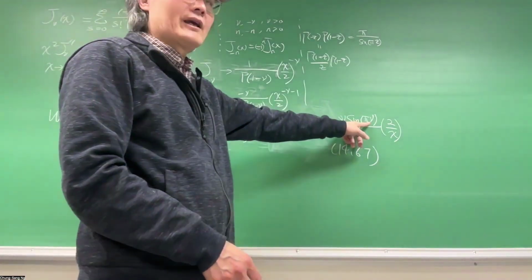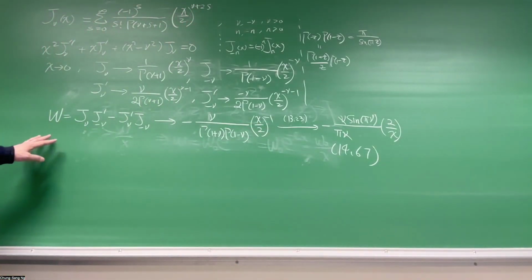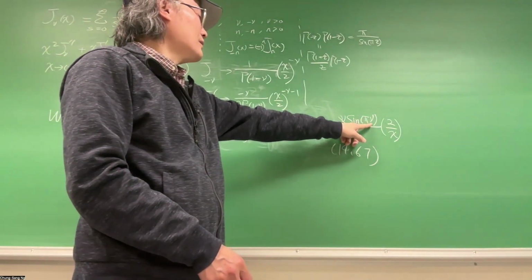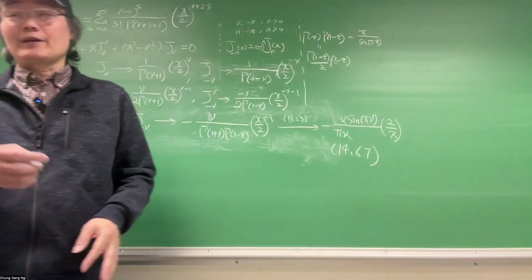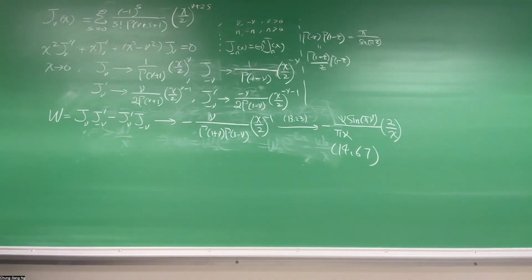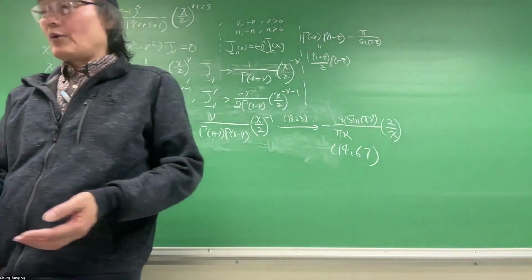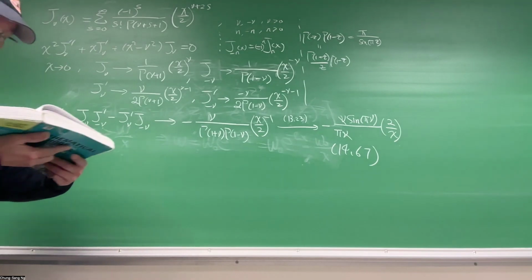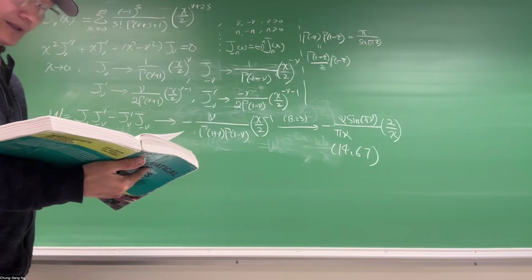But for nu equals n, J sub n and J sub minus n are not linearly independent. The Wronskian is zero for integer n, since sine n pi is zero. So that is confirming our conclusion that J n is proportional to J sub minus n. Okay, and that is the explicit look at why they are linearly independent or not independent.